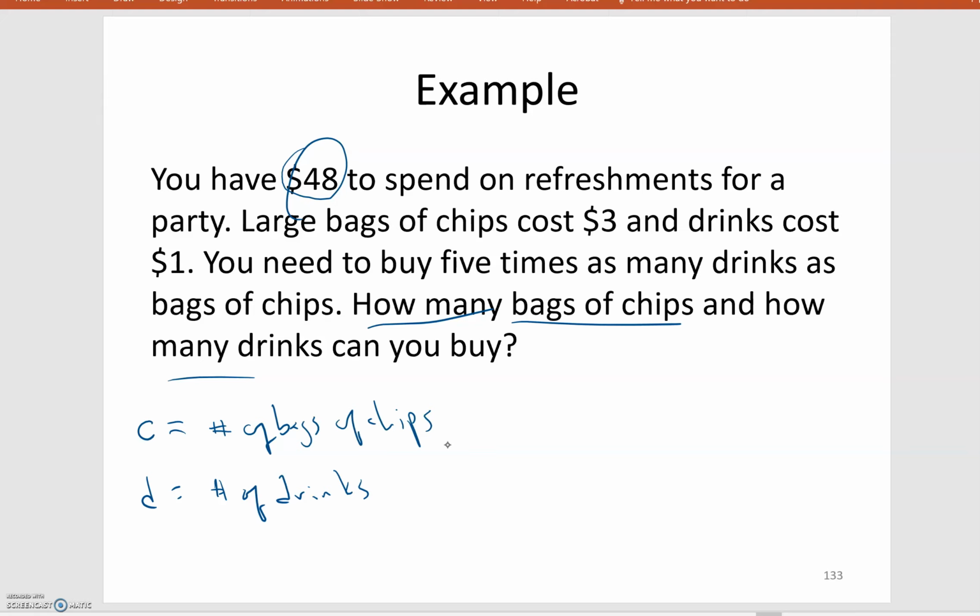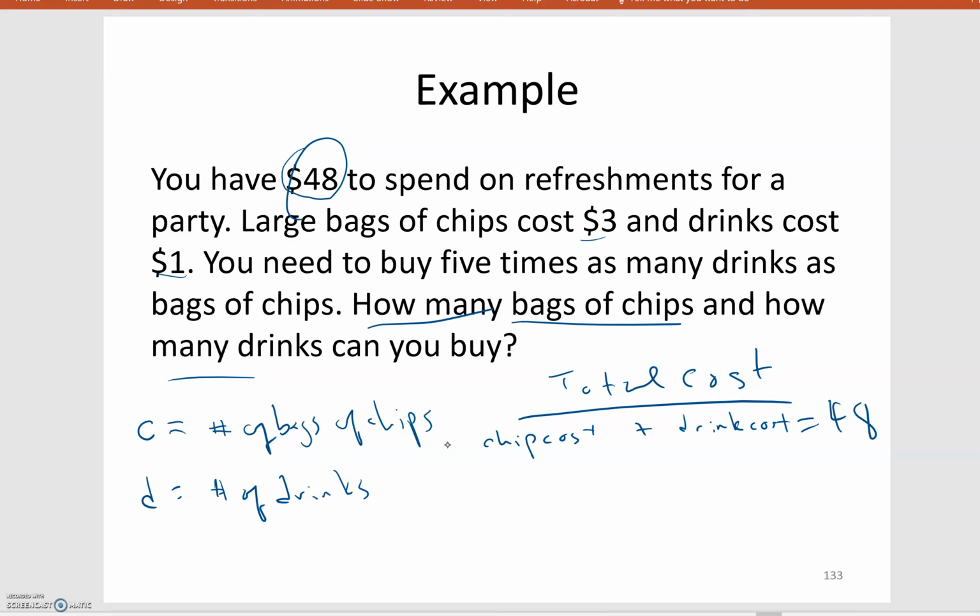And I have cost information. So if a bag of chips costs $3 and a drink costs $1, then my total cost is going to be my chip cost plus my drink cost, and that equals $48, right? So my chip cost is the cost per bag times the number of bags. The number of bags is C, and the cost per bag is 3.